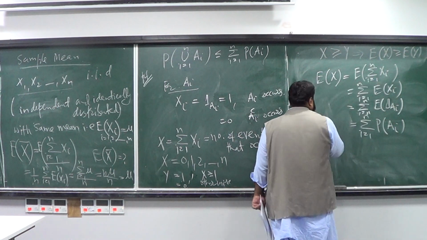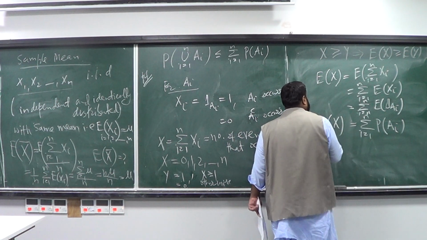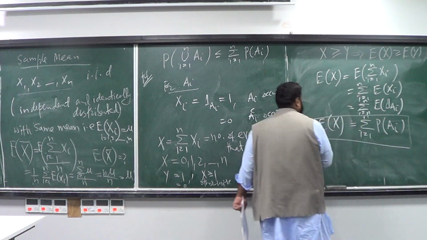So the expectation of X, explicitly, we can calculate to be the sum for i equal to 1 to n of the probability of Ai.